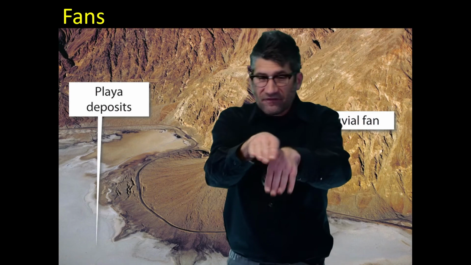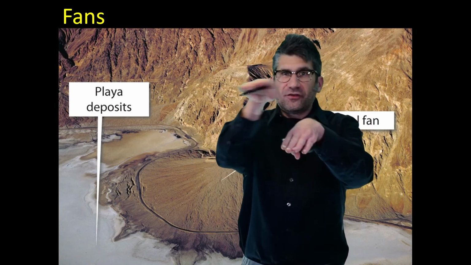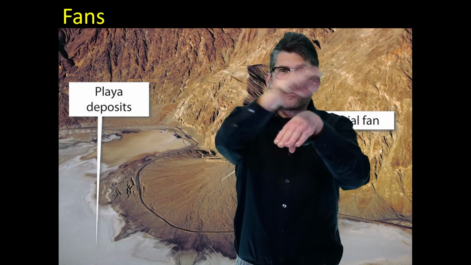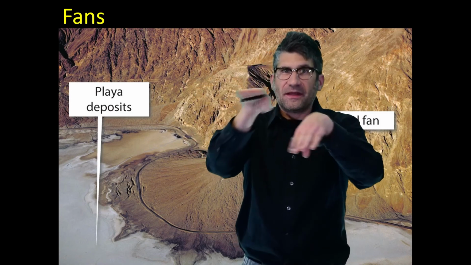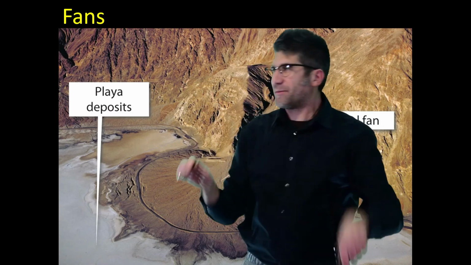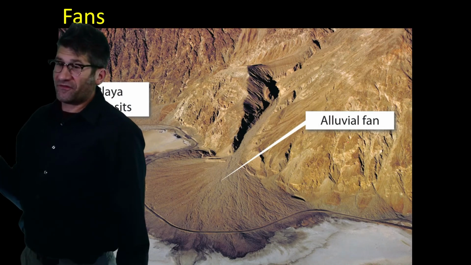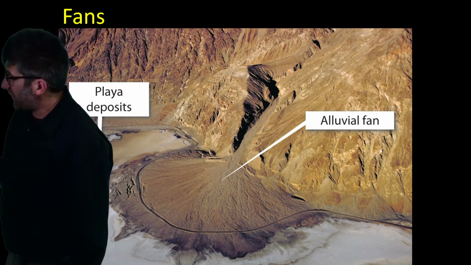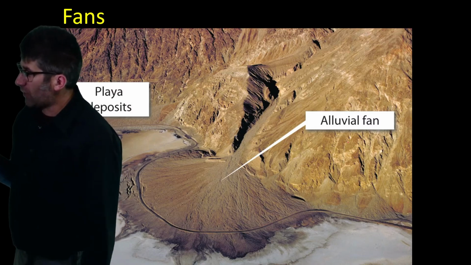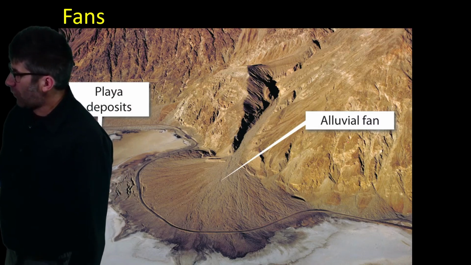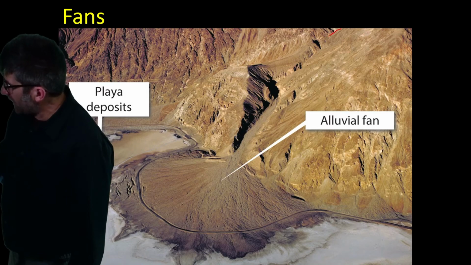Now, fans have an actual fan shape because you get multiple depositional periods every time it floods and dumps out sediment, and you'll over time stack up sediment on different sides of the fan. So here, this is probably the most famous alluvial fan you'll ever see. This is in Death Valley. It's the Badwater fan near the lowest point in the United States.